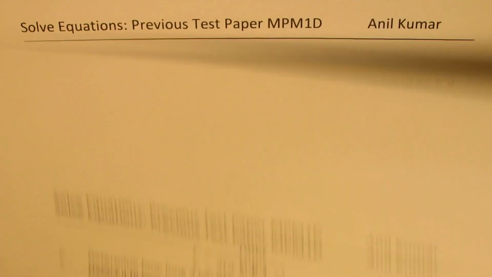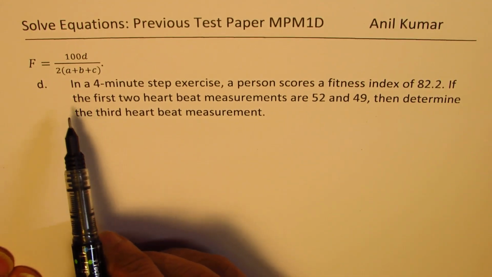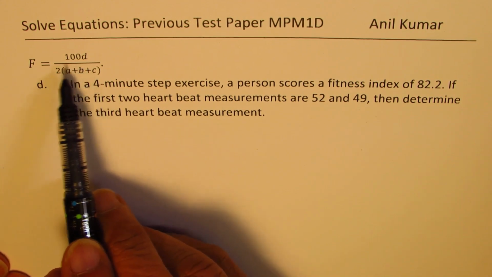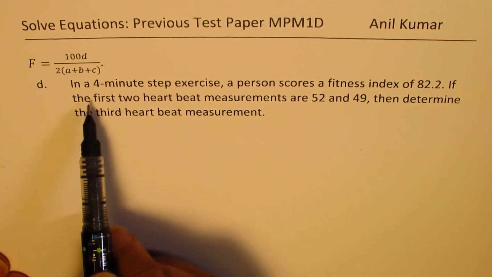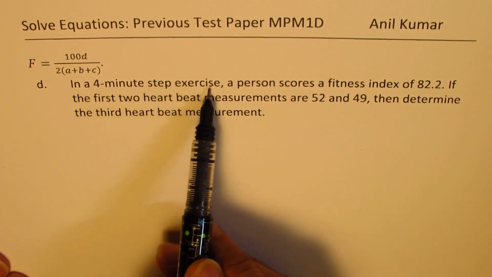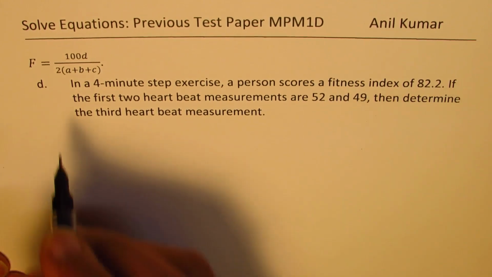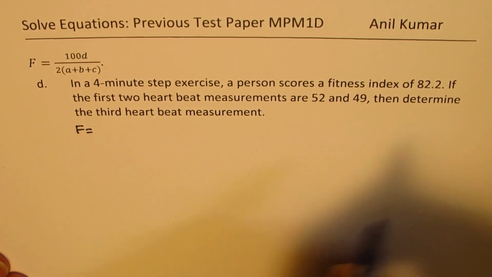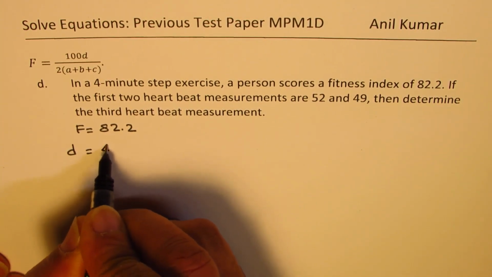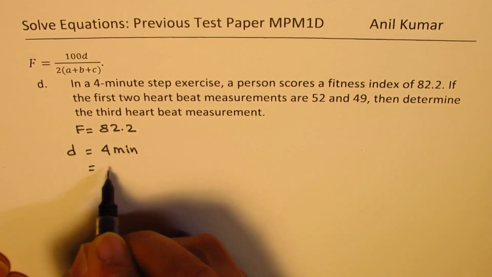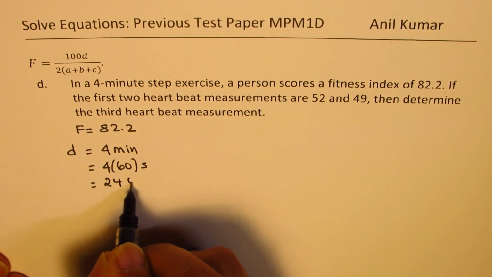Let's move on and take part D. So that is the last part. The formula is given to us, 100D divided by 2 times A plus B plus C. Part D is, in a 4-minute step exercise, a person scores a fitness index of 82.2. So the fitness index is 82.2. The value of D is 4 minutes, which is 4 times 60 seconds or 240 seconds.